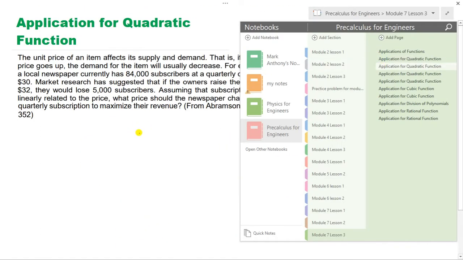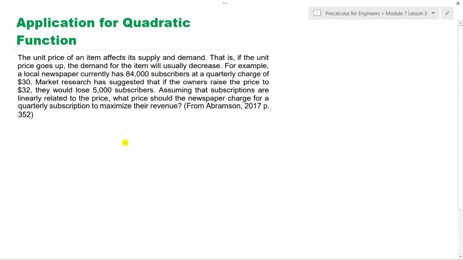Let's proceed to the next example. Here, the unit price of an item affects its supply and demand. That is, if the unit price goes up, the demand for the item will usually decrease. For example, a local newspaper currently has 84,000 subscribers at a quarterly charge of $30.